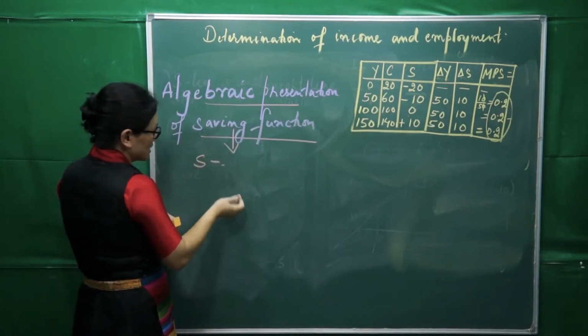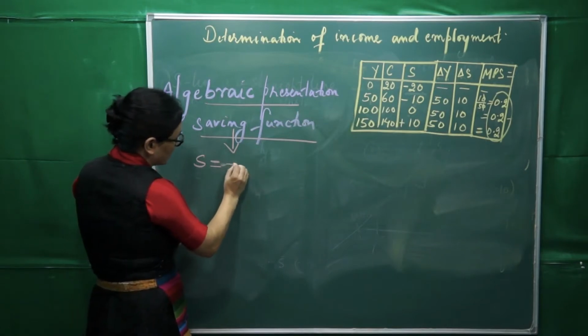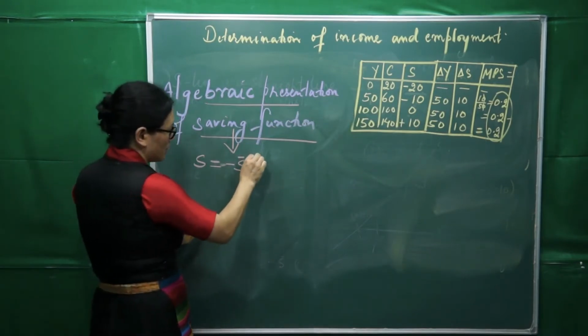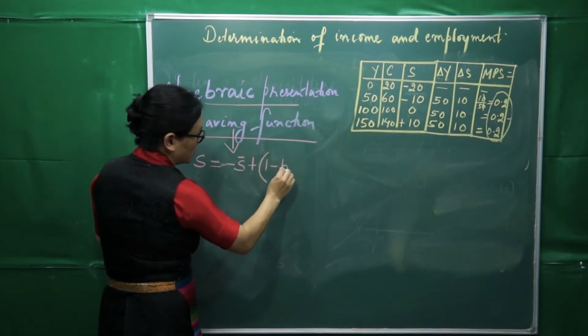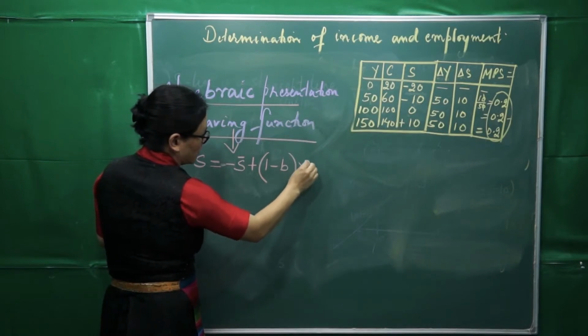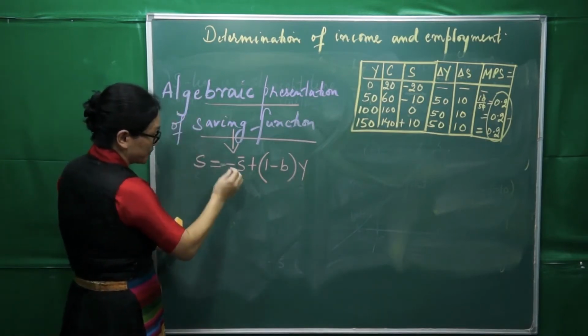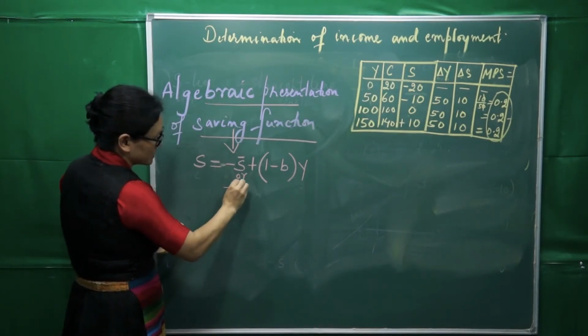So S is equal to negative saving plus, instead of this one, we can also write it like this.